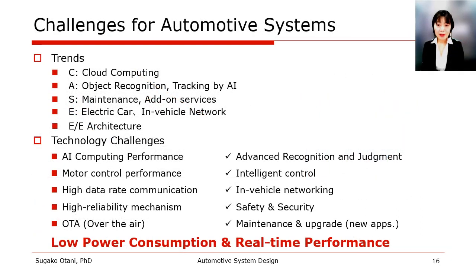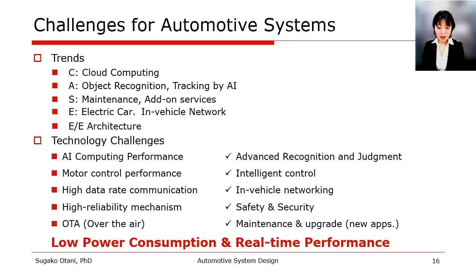So far, we have looked at trends in automotive technologies. CASE and E-architecture are important for devices. In response to the megatrends listed here, in-vehicle systems face the following technology challenges.